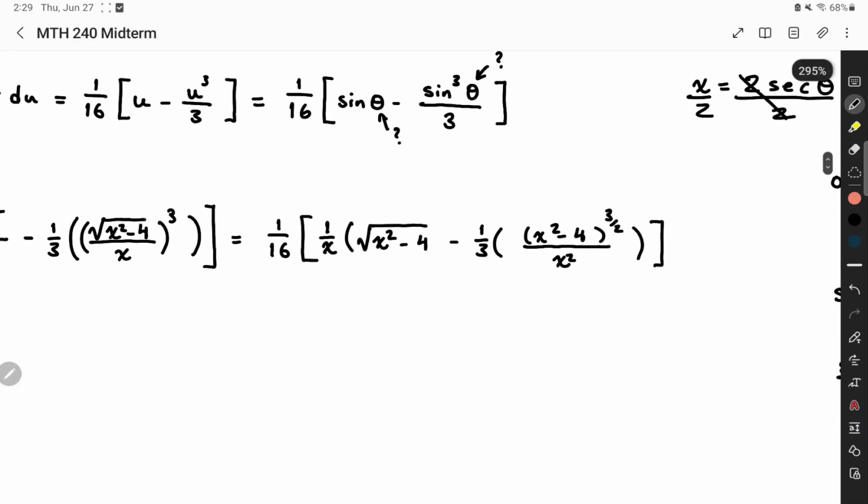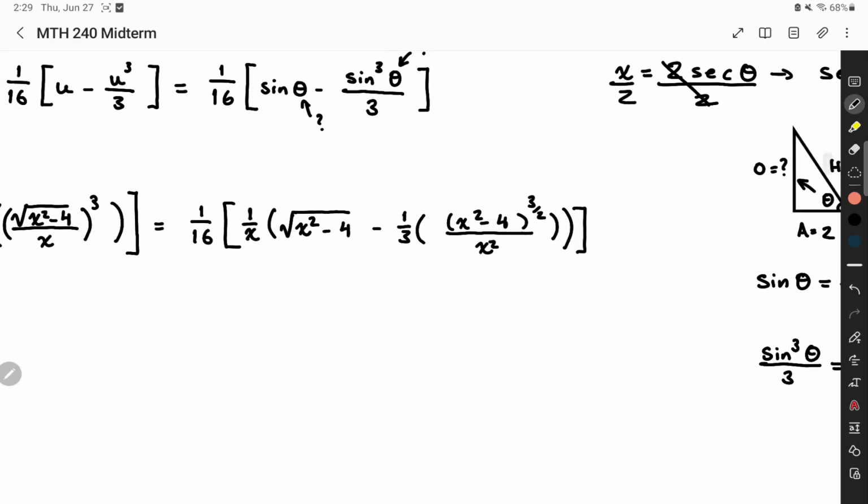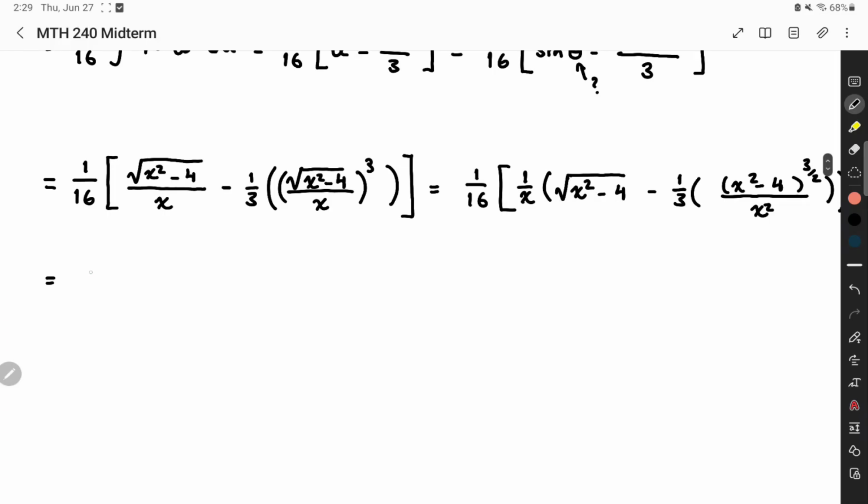And then we could just factor out that 1 over x overall, subtracted by x squared minus 4 to the power of 3 over 2 over 3x squared.